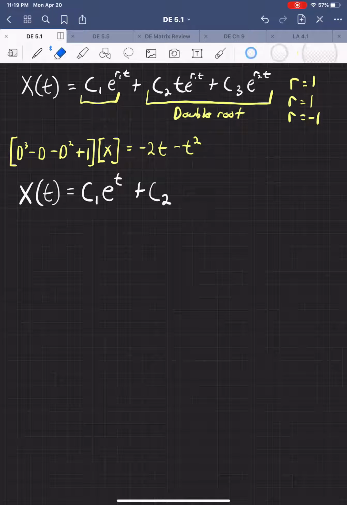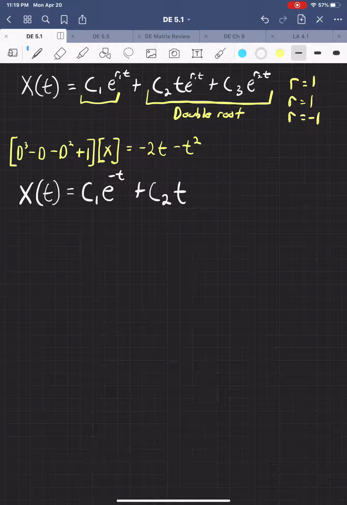Well, let me make this the negative 1, just like I have it above. So negative t. So I'm plugging in my r values. So that's c sub 2 t e to the positive t, and that's going to be plus c sub 3 e to the positive t.